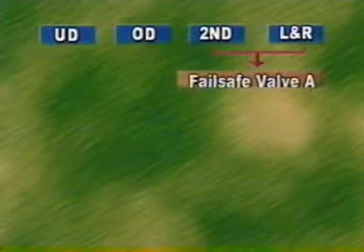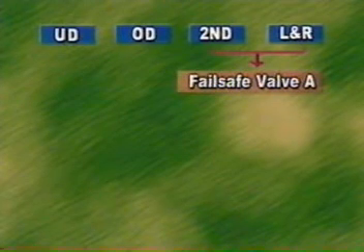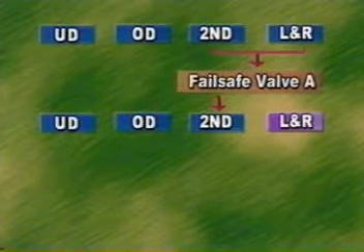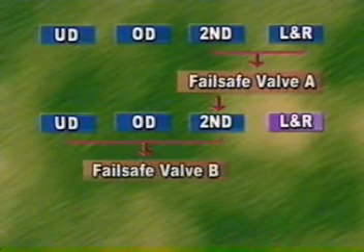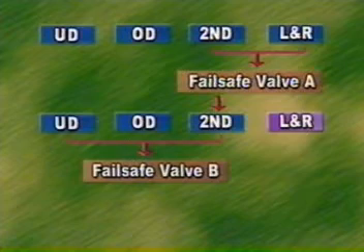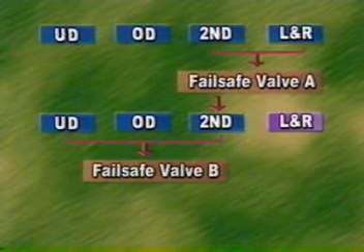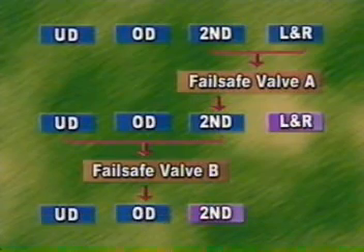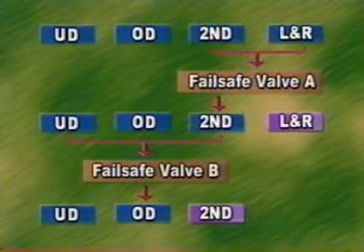Though interlock may happen, oil pressure of low and reverse brake is released by the fail-safe valve A, and oil pressure of second brake is released by the fail-safe valve B. As a result, oil pressure is supplied only to underdrive clutch and overdrive clutch.